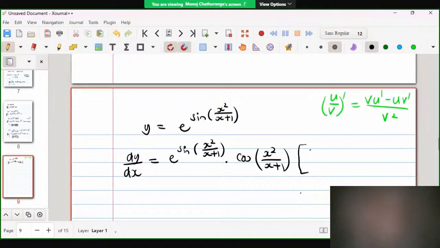The denominator is x plus 1, its derivative is 2x minus the other bit, x squared, times the derivative of x plus 1, which is 1, divided by x plus 1 squared.